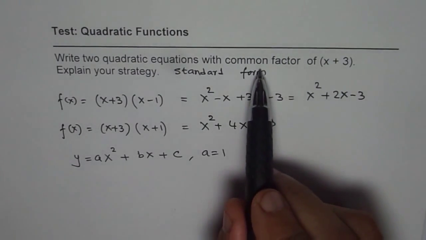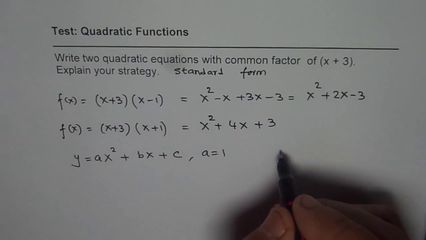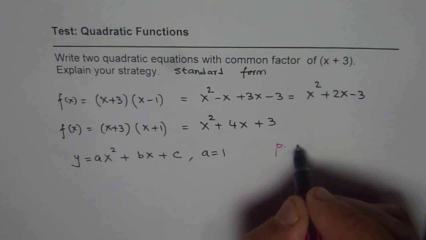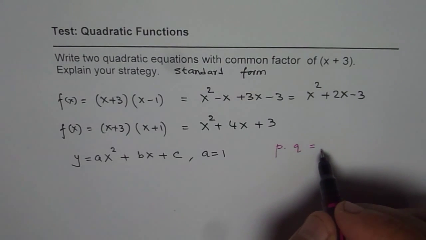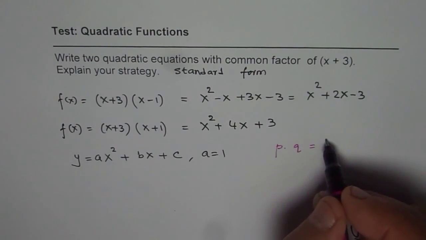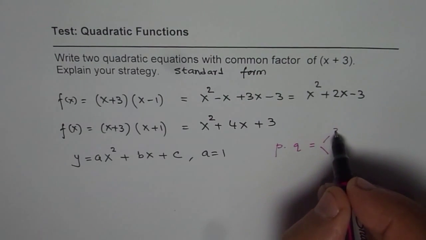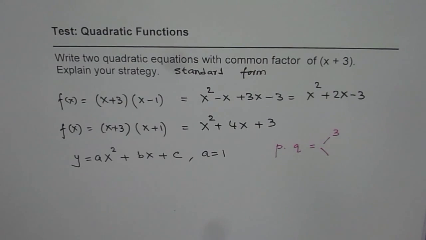Now when I say common factor of x plus 3, that means if I have to factor, I'm looking for two integers p and q whose product should be such that one of the factors is 3, right? So that means we have to multiply two numbers. One of them is 3, the other one is not known to us. We can select that other number and then we get all the values.